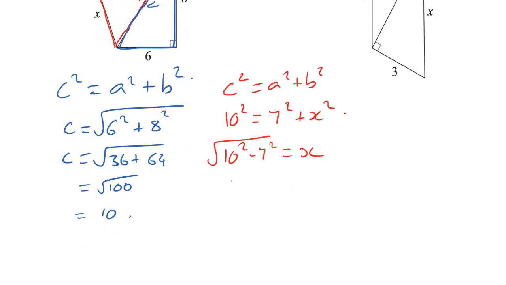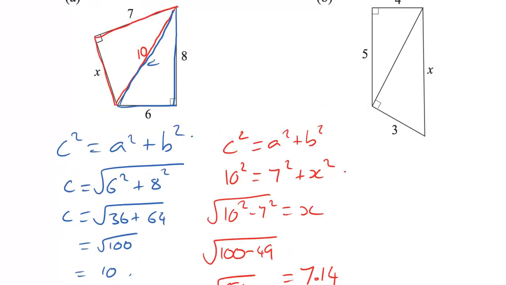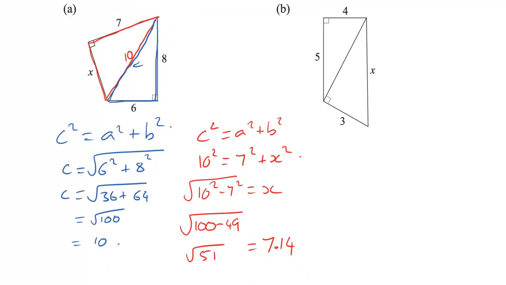That means the square root of 100 minus 49, which is the square root of 51. On a calculator, that's 7.14. We're not given units, so we'll leave it like that. 7.14 is going to be our value of x.